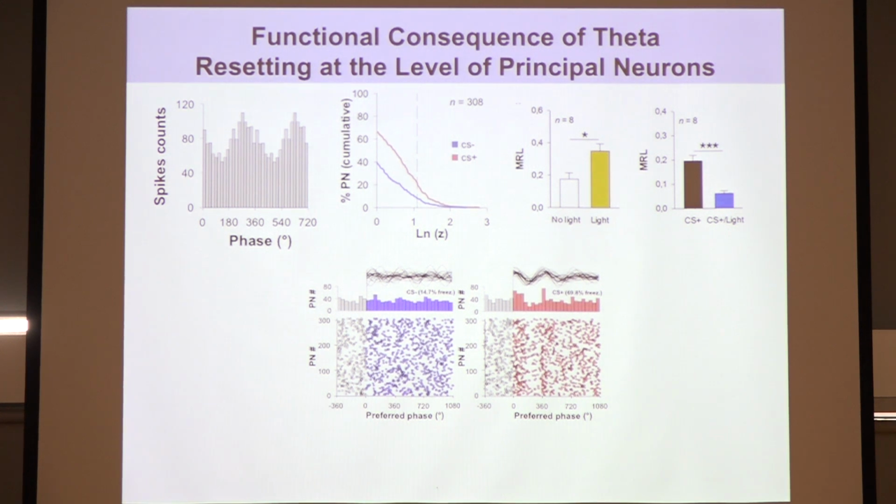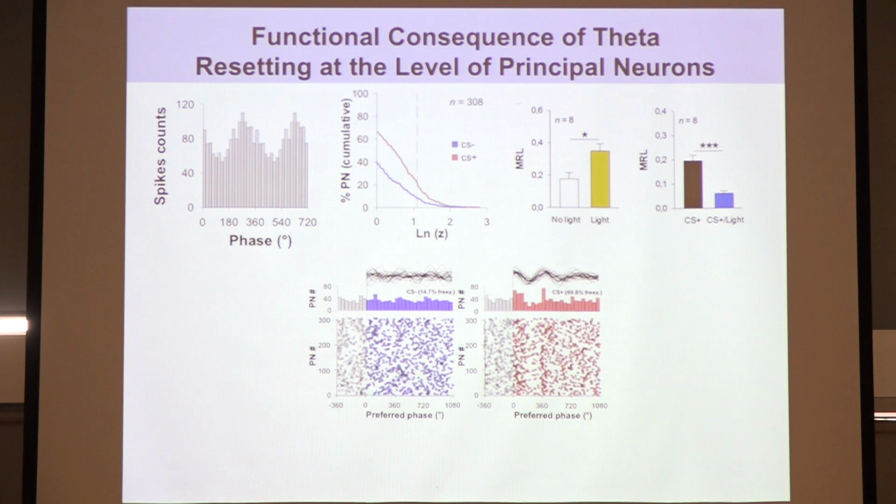We wanted to address what was the functional consequence of theta resetting at the level of medial prefrontal cortex neurons, in particular principal neurons. And in this representation, what you see is the resetting of the theta oscillation when the fear was high and no resetting when the fear was low.